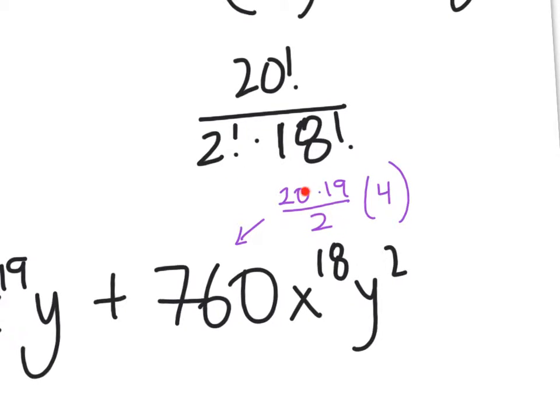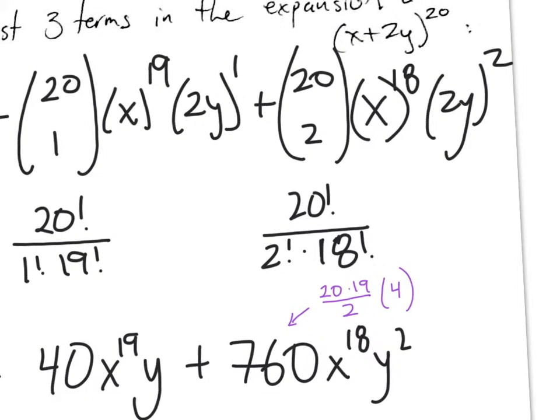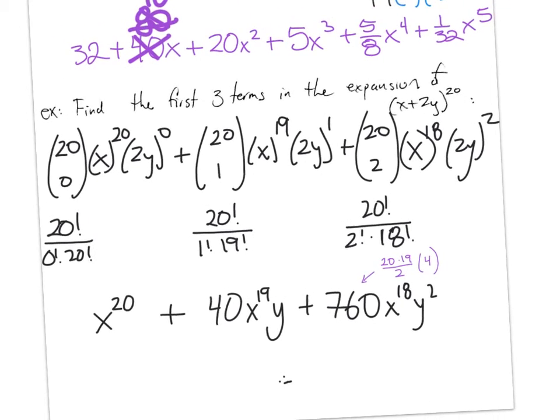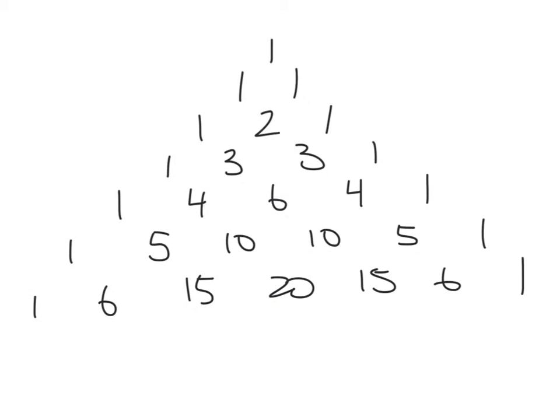So this is 190, but it looks like we have a 4 in there from this 2 to the second power, so x to the 18th, y to the second, and we end up with a 760. Okay, so those are the first 3 terms. Thank goodness we didn't have to expand the whole thing. Alright, just a little review.